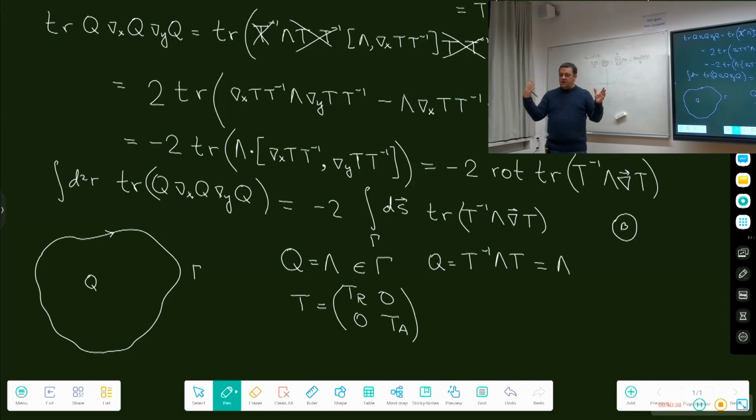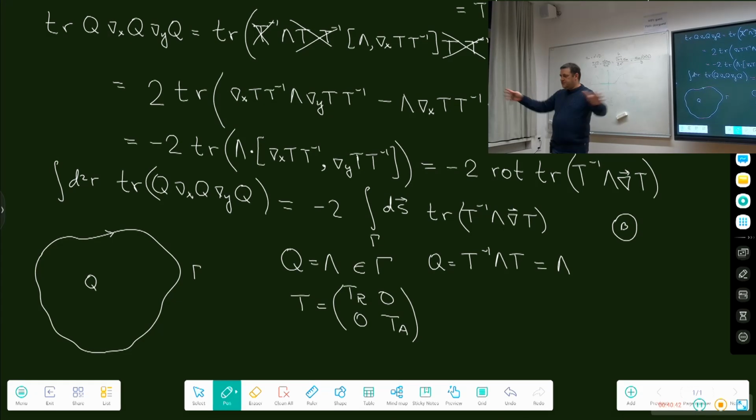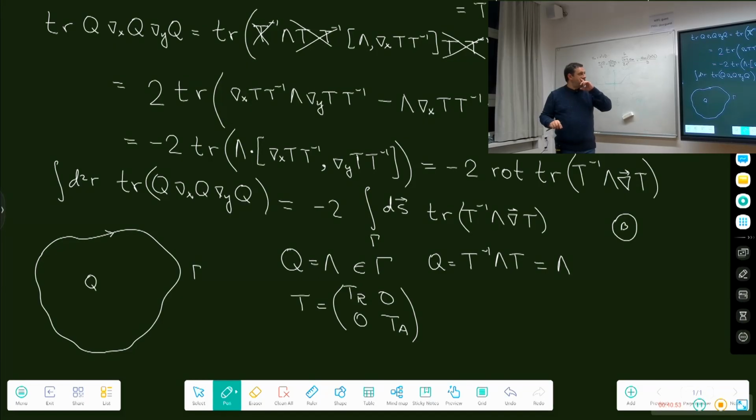So I say we sum only over configurations that do something interesting here, and are constant at infinity. This is our boundary condition, if you like. Q equals lambda is our boundary condition.